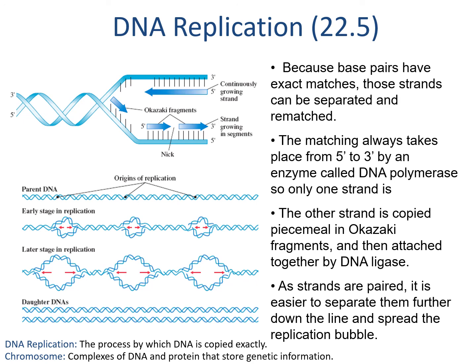It's pretty difficult to separate all the hydrogen bonds that hold DNA together, so it happens just a little bit at first, and as complementary strands are synthesized, it becomes easier and easier to pull apart the DNA as it replicates. We call the places where the DNA starts to pull apart origins of replication, and eventually, as the origins of replication spread, we end up creating 2 strands of DNA from the single template.